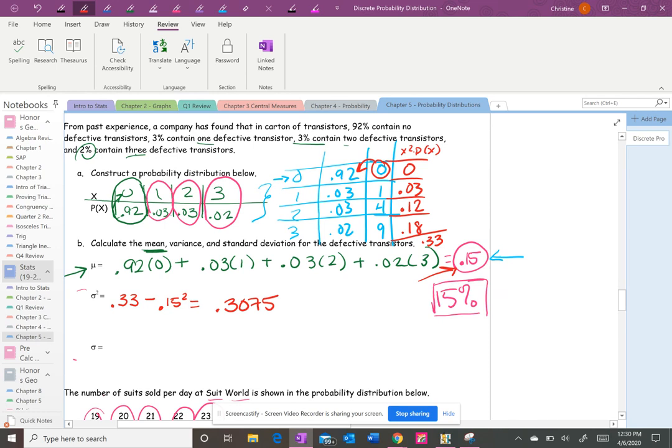Then to get the standard deviation, which is the main point of this entire thing, you just take the square root of 0.3055 and you get 0.5545, so 0.55. So the average was 0.55 and it's going to increase and decrease in increments of 0.55.